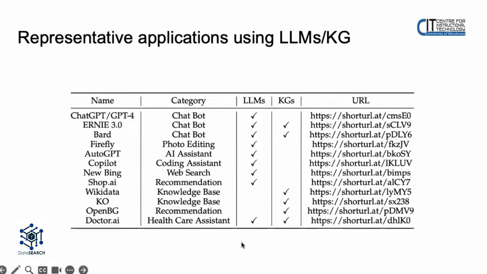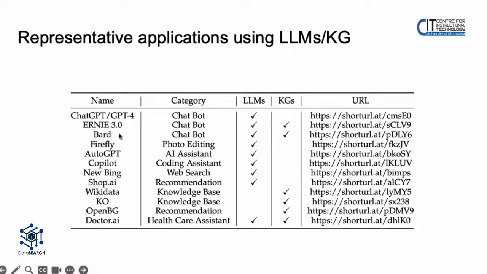Lots of them are using LLMs, and some of them are just using knowledge graphs like Wikidata, OpenKG, and some other knowledge bases. And I think I showed you an example of ERNIE, which is a model that combines LLMs and knowledge graphs to produce a language model that understands entities and relationships. So that is one model that has combined this.